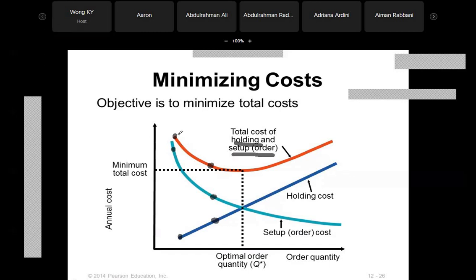Okay, look at this total cost line. It has a minimum point. This minimum point corresponds to the minimum total cost. At this minimum point, if we project it to the x-axis, we will get the optimum order quantity, the best order quantity that will give us the minimum total cost.